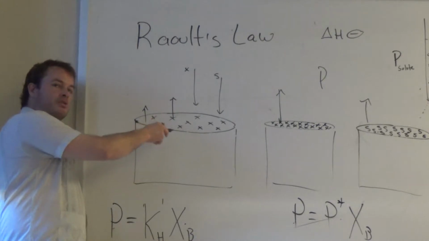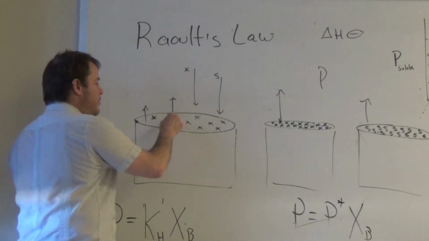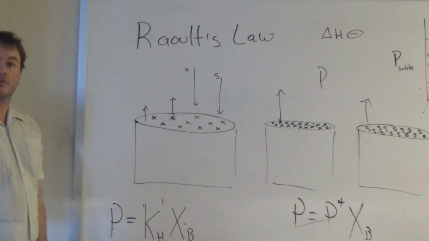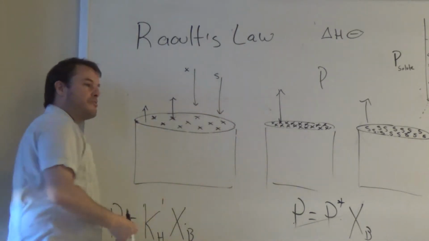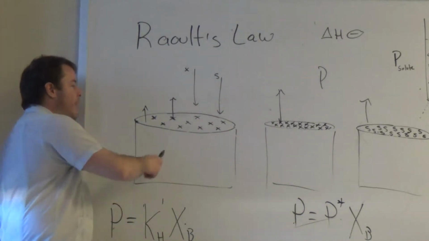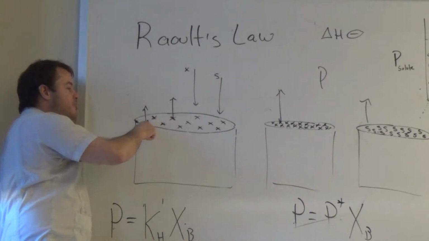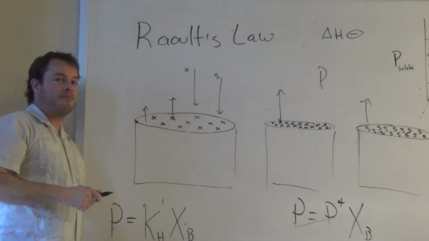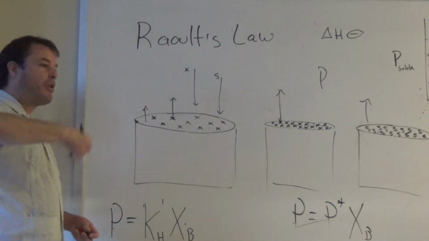You dissolve a solute into this, and all of a sudden, some amount of surface area that was previously available in the pure solvent is occupied by these solute species. And so at a given constant temperature, you don't have as much transfer from the liquid state into the gas state, because there isn't as much area available for these things to depart from.